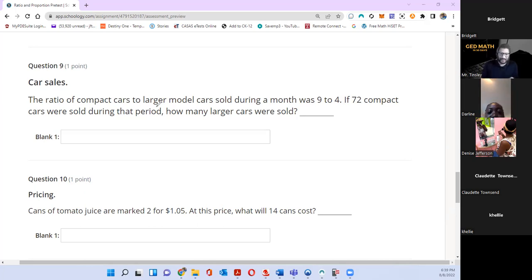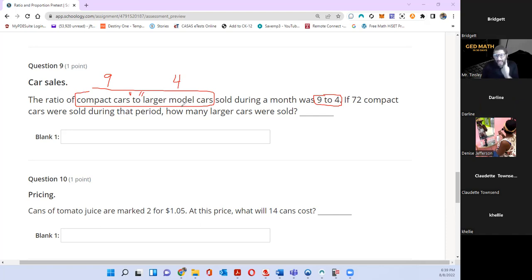What do they mean? Well, the ratio of compact cars to larger model cars sold during a month was 9 to 4. So that's 9 compact cars. And the larger model cars were 4.